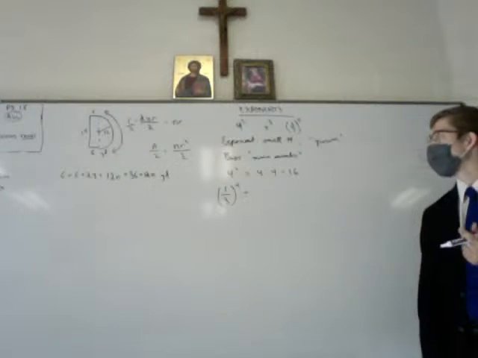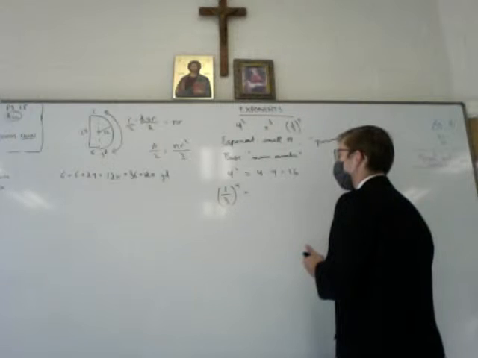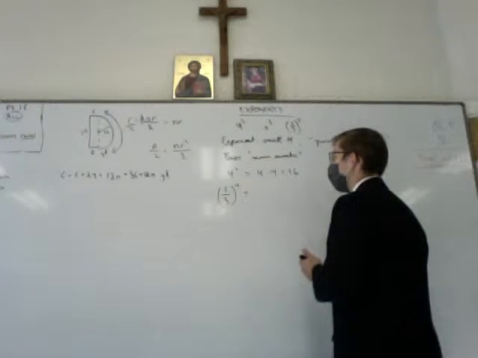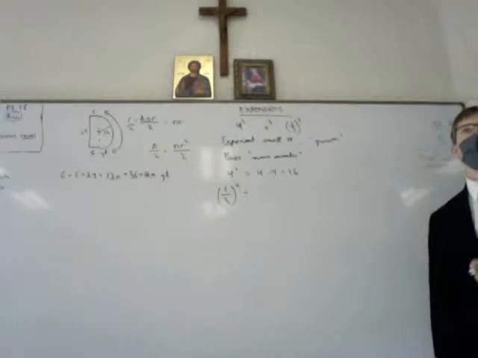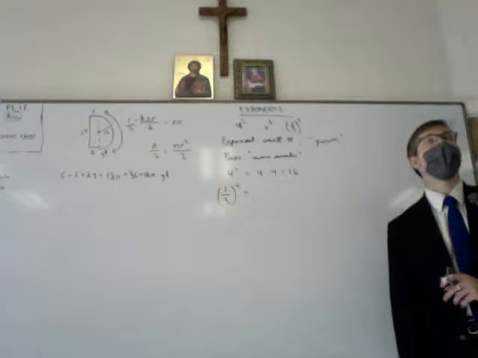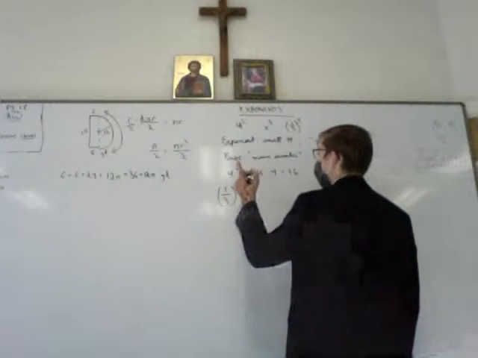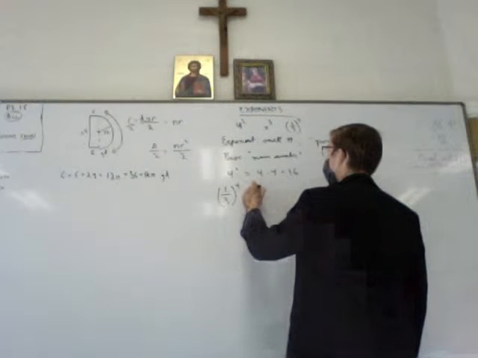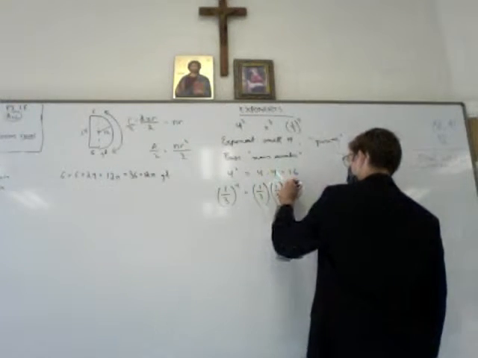How do we figure out the value of this? 1 over 81. How do you get 1 over 81? 1 times 1 times 1 times 1, and 3 times 3 times 3 times 3.